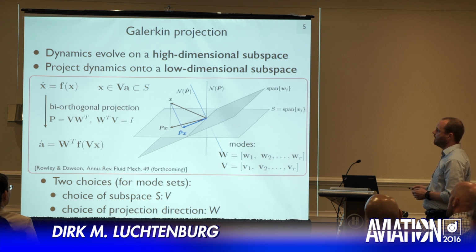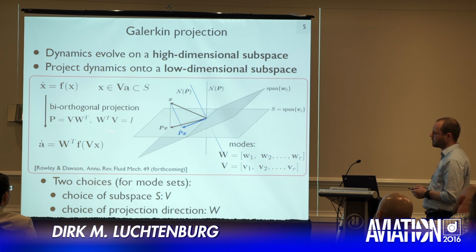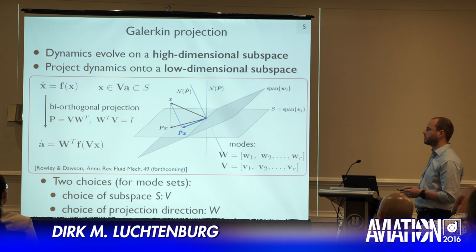Now we need a projection in order to get onto this subspace, and that is what this surface depicts, the direction of projection. If you carry out this procedure, assuming you live on your subspace, now denoted by V times x, and you project, then you get a set of reduced order equations that describe the evolution in time of the system.